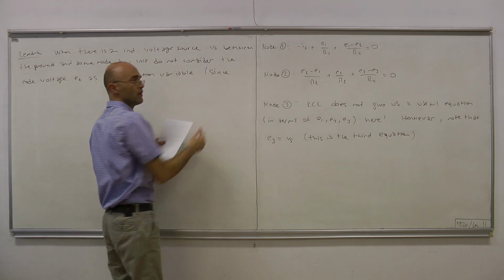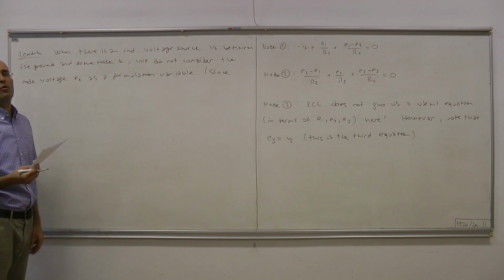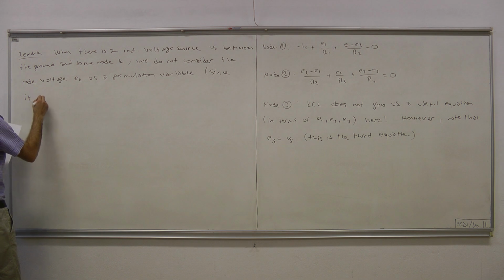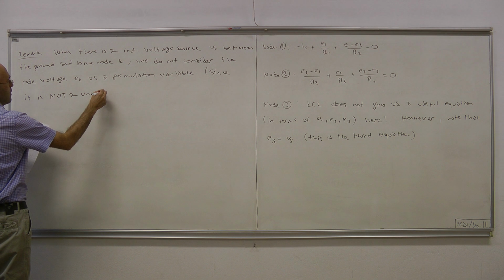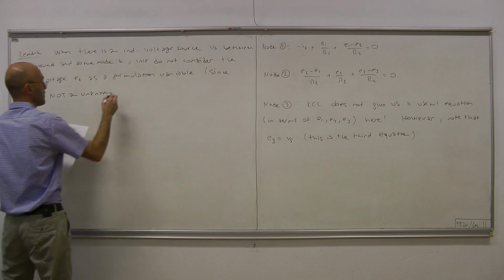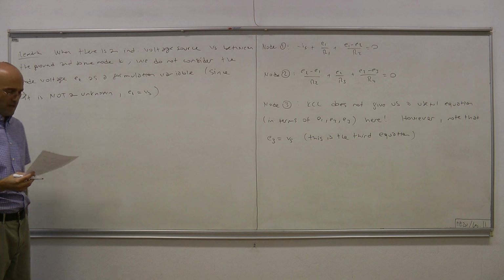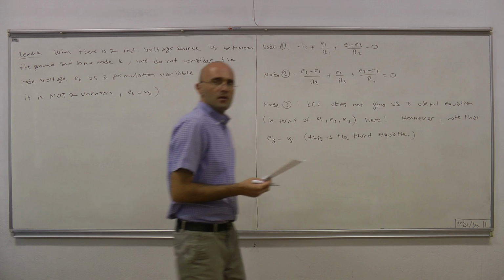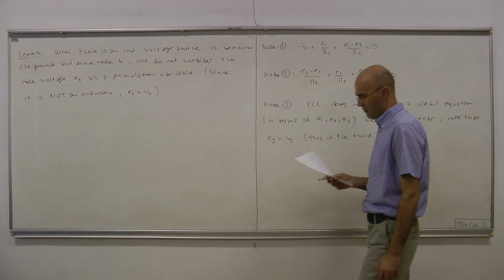The very simple reason is because it's not an unknown. We directly know what it is. EK equals Vs. So with that observation, let's revisit our example.